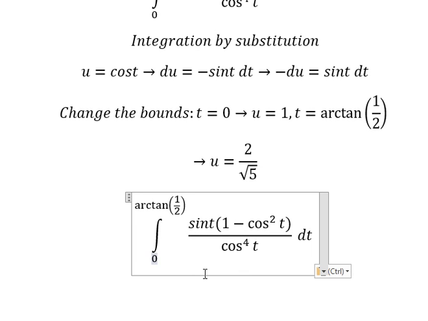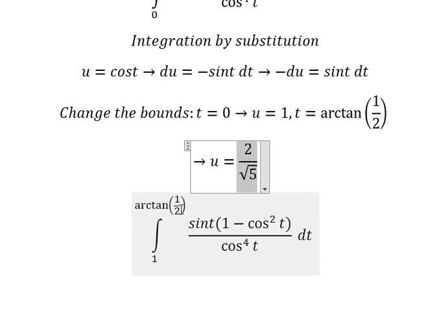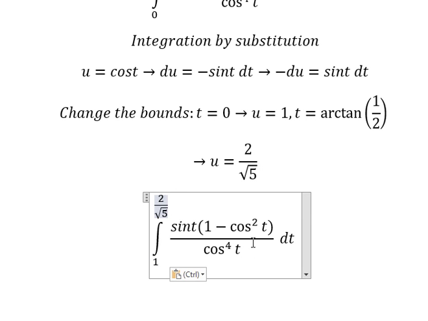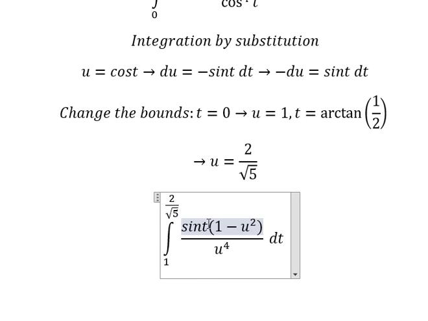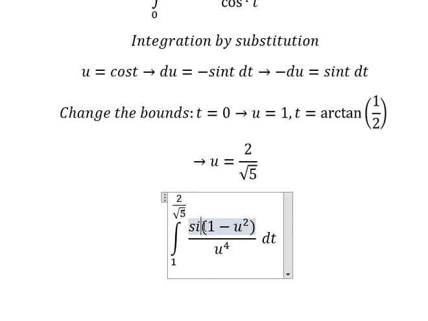Number 0 we change by number 1. This one we change by this one. So cosine t we change by u. Sin t dt we change by negative du.